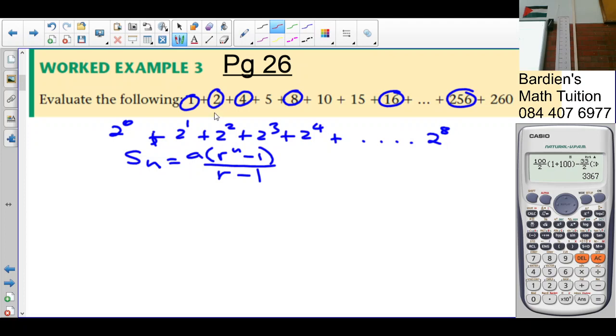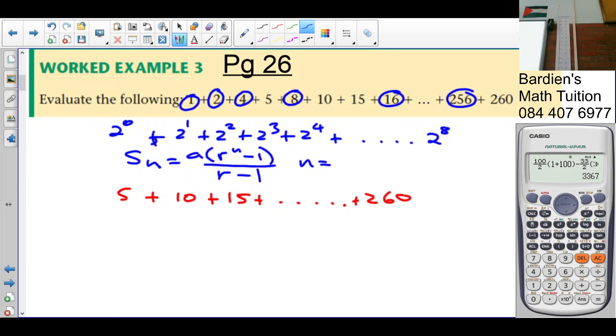If you look at the other pattern, what are we left with? 5. Then 10. Then 15. Then 260. I forgot to ask you, how many terms are in the first pattern? There's term 1, 2, 3, 4.